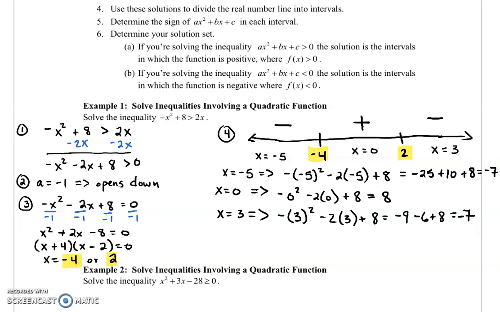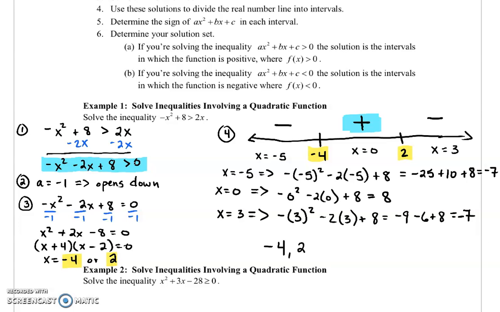If we go back to the inequality that I'm about to highlight in blue, it says we need where it's positive. So we look at where we have positives and negatives on our number line. Right here is the positive, and that's what we need, greater than 0. So our solution to this is negative 4 to 2.